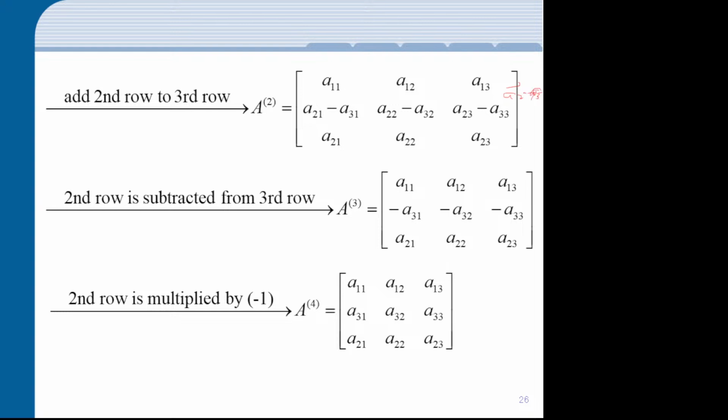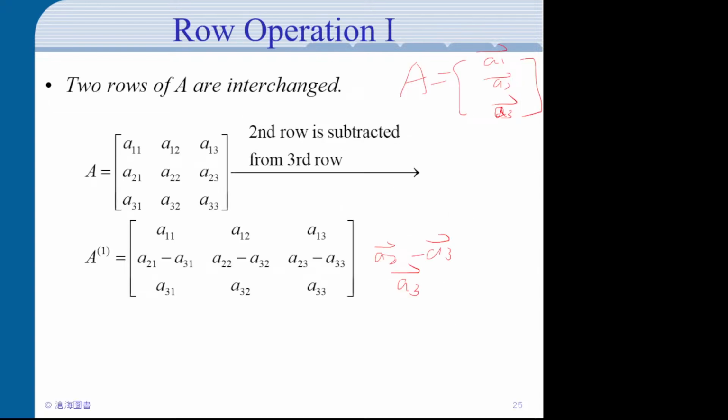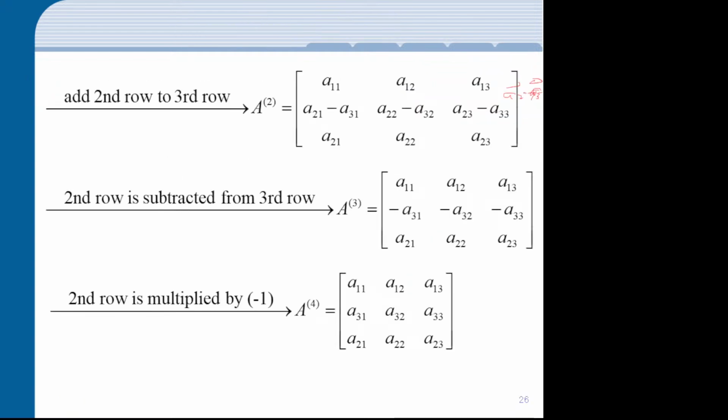And then we add this to the third row, so A2 minus A3 plus A3, so we get A2 here. Then we subtract this A2 from the second row again, so now we get A3 minus A2 here. So we are close to what we want.